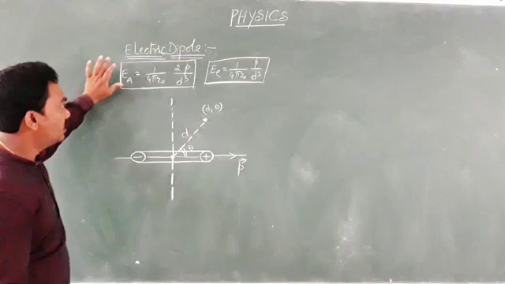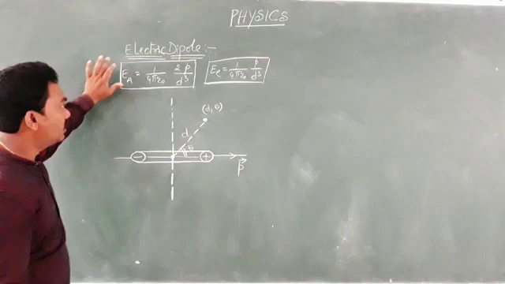What we have discussed in today's class is all about the electric dipole moment and its direction, and the calculation of electric field intensity due to the dipole in different situations: if the point is on axial line, if it is on equatorial line, or if it is somewhere else. In addition, we have introduced how the dipole behaves in an external electric field.